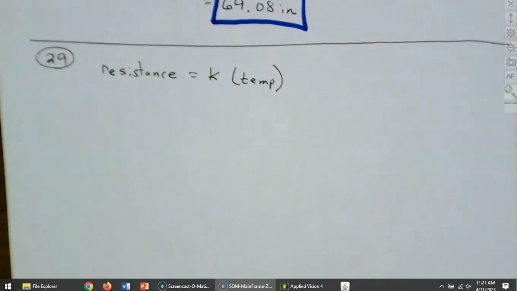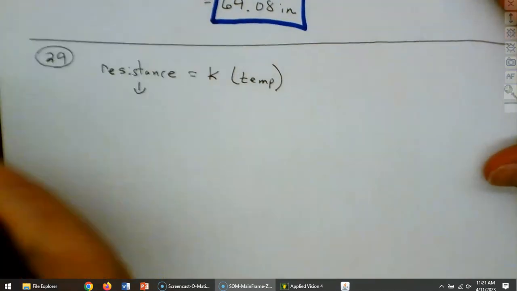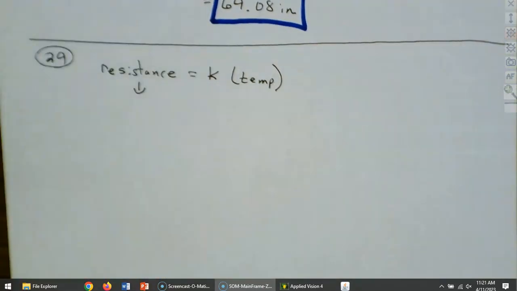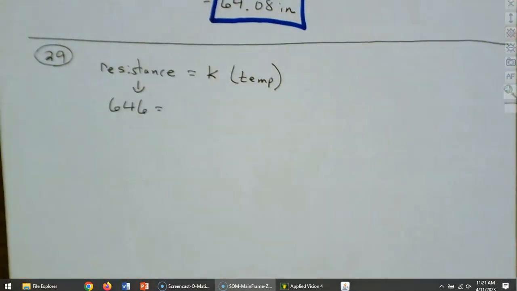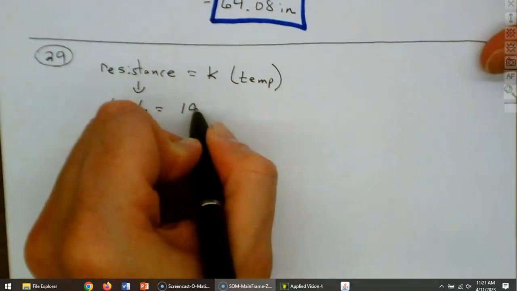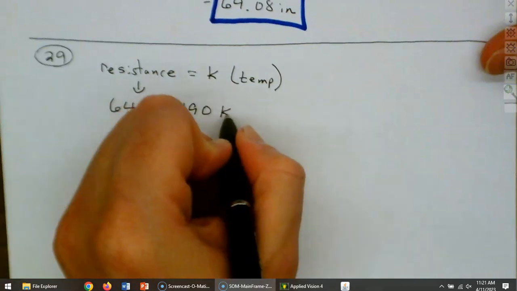And that temperature is in kelvins. Now, what do we know about this resistance? It gives you the starting values. It says resistance is 646 ohms at 190 degrees Kelvin. So that's 190 K.